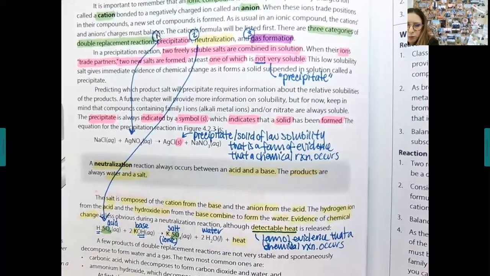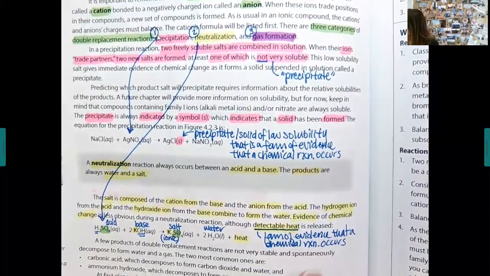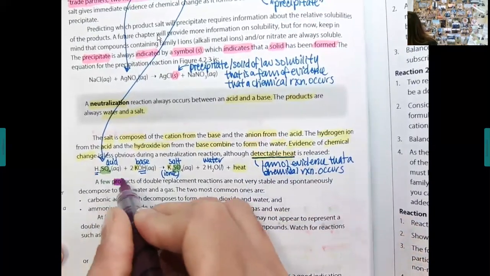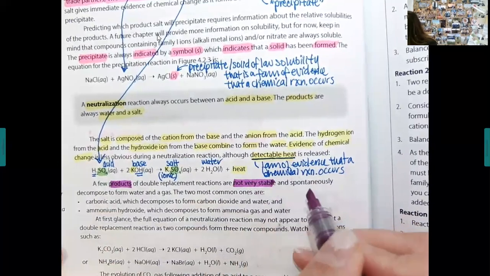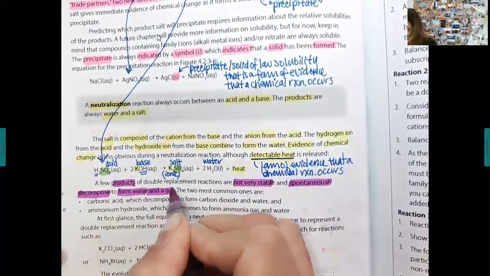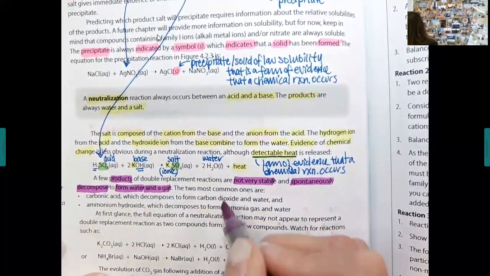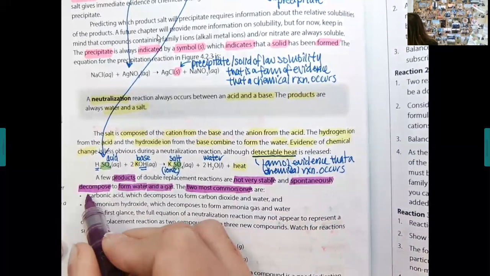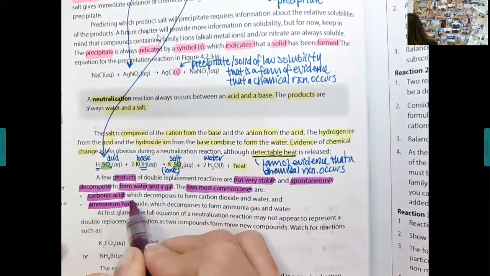For a gas formation reaction, we're going to have a product that is not very stable, and it spontaneously decomposes to form water and a gas, okay? The two most common ones, which I would expect you to know, are carbonic acid and ammonium hydroxide.